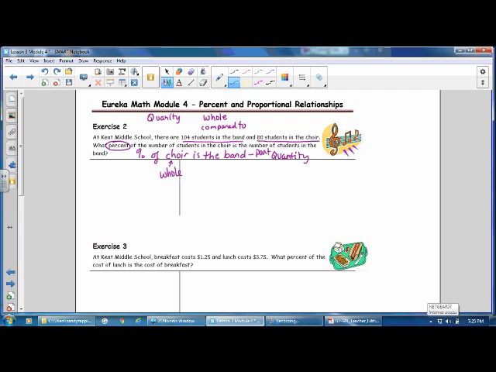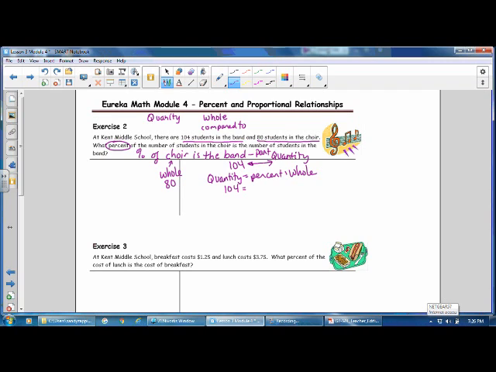And we know that the choir, there are 80 students, and the band, there are 104 students. So our quantity is 104 and our whole is 80. So our equation is quantity equals percent times whole. Our quantity is 104.